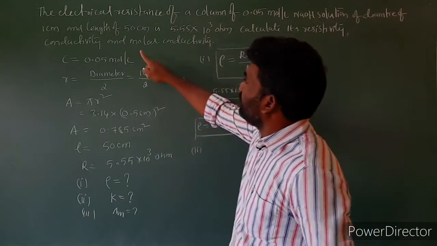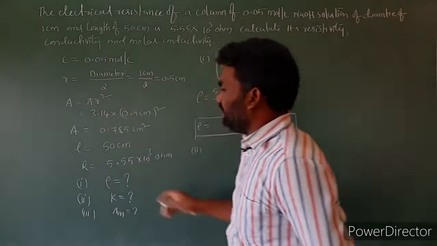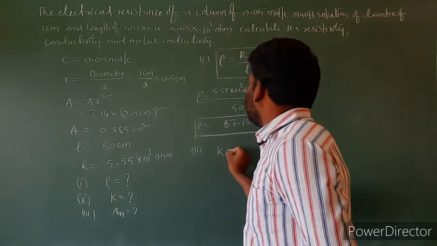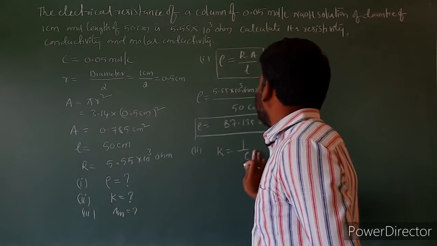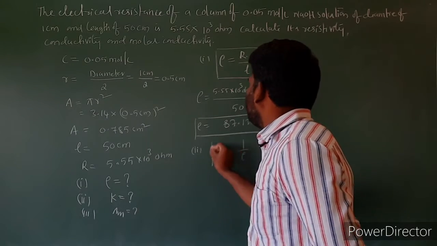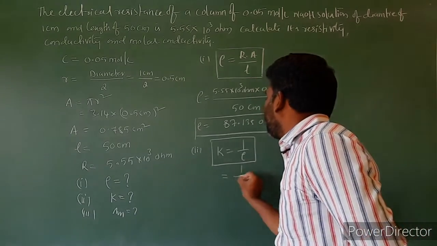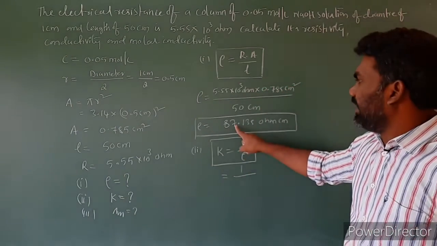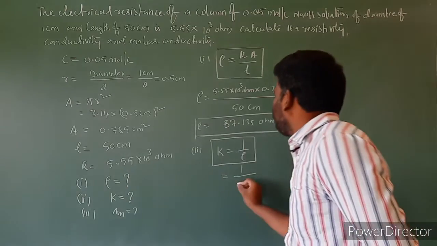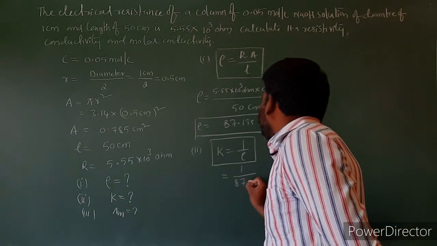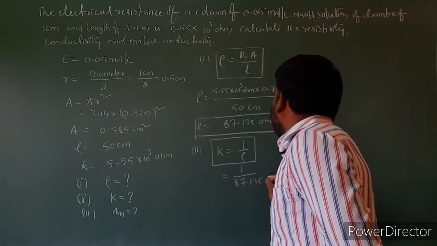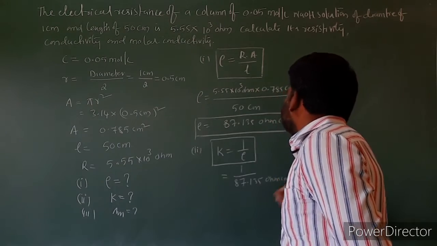Second question is we have to calculate conductivity. Conductivity K is equal to 1 by rho. Then K is equal to 1 by 87.135 ohm centimeter.